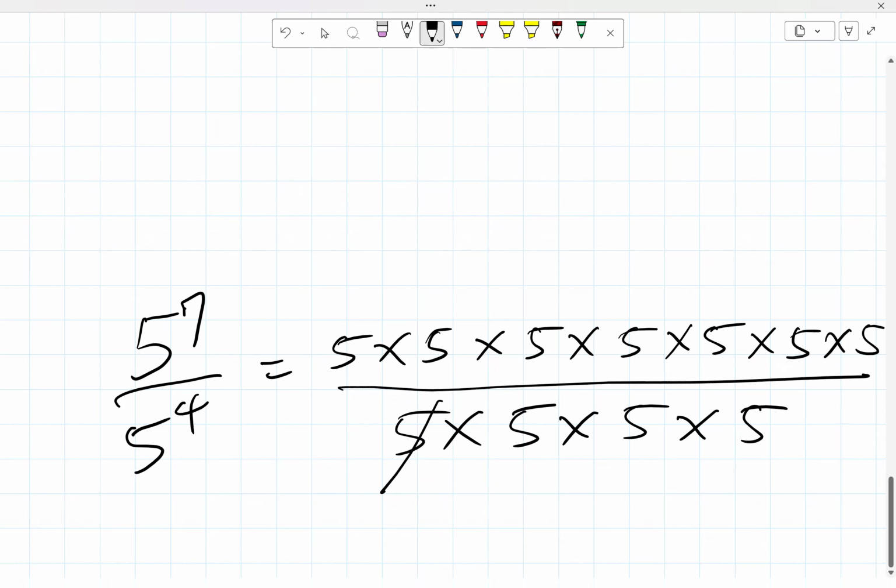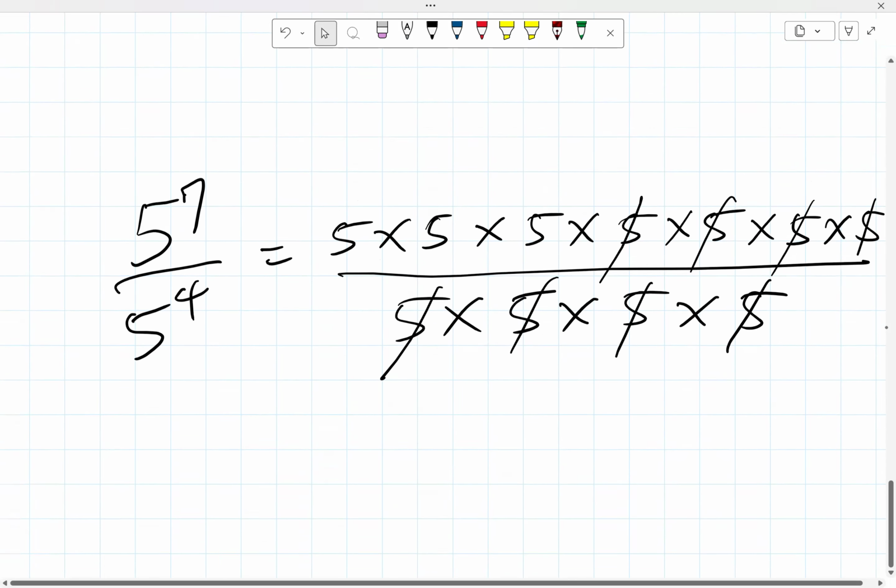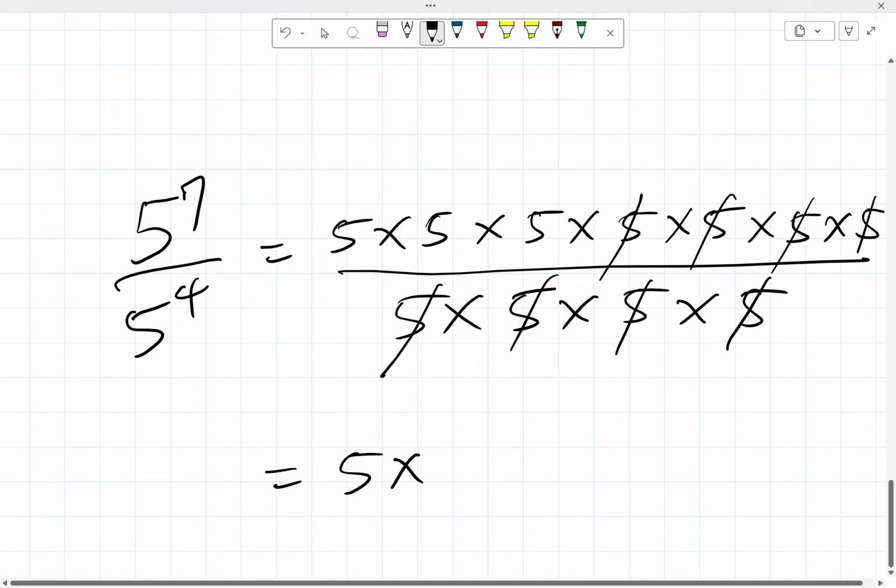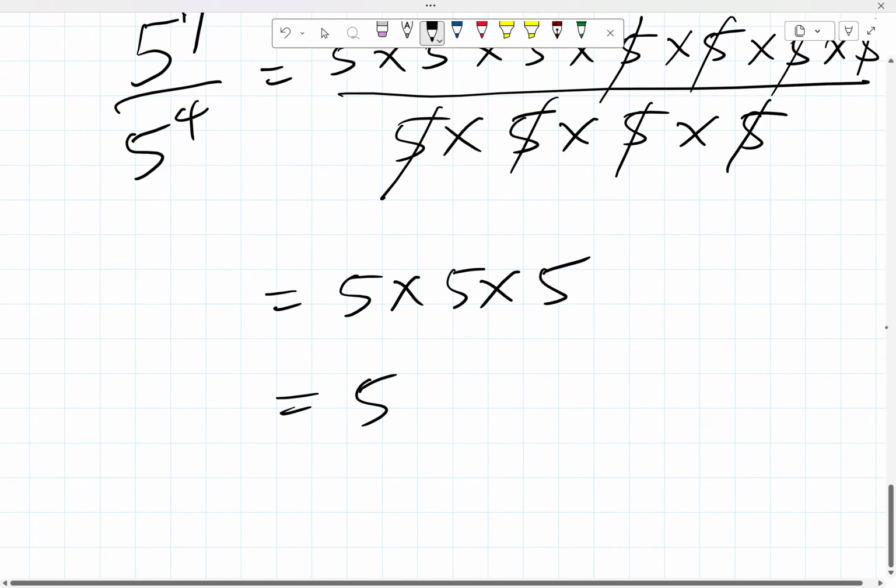So this cancels this, this cancels this, and so on. At the end of the day, we have 5 times 5 times 5 left, which is simply 5 raised to power 3.